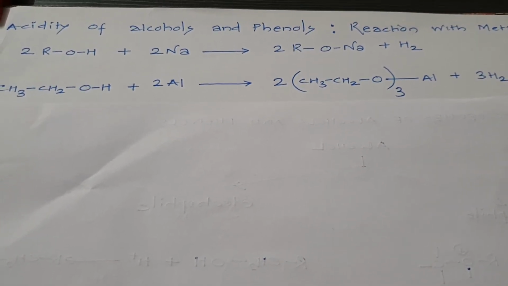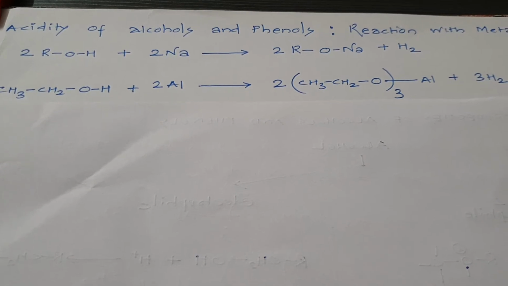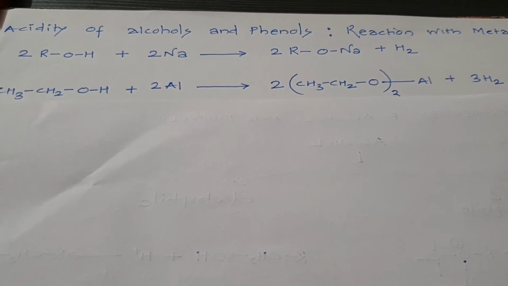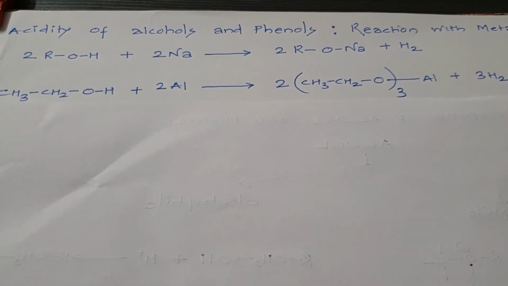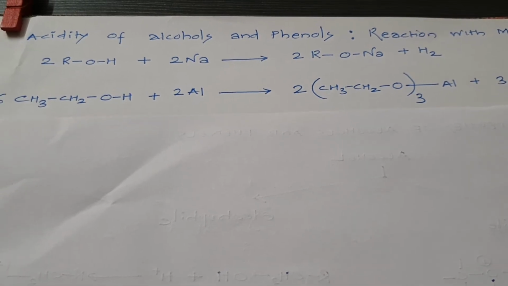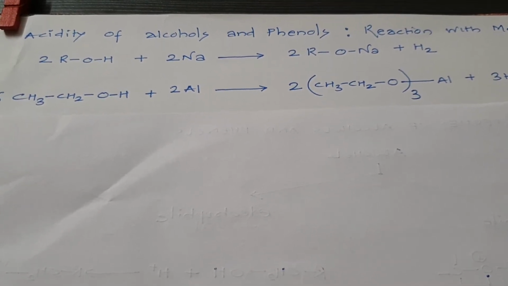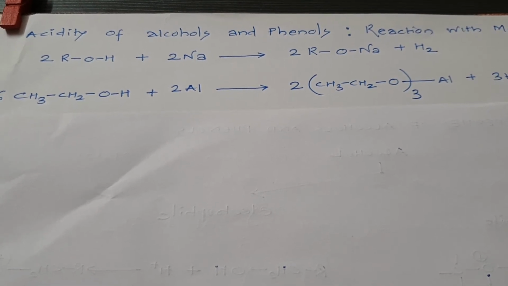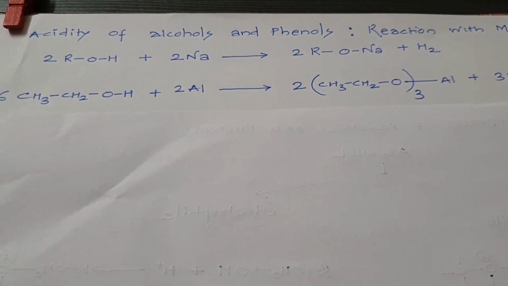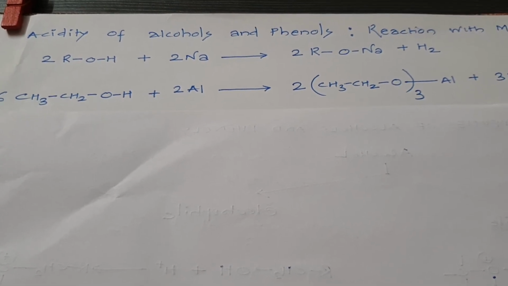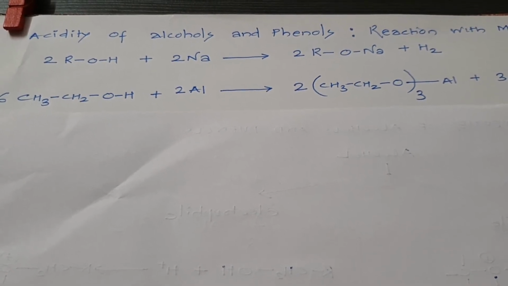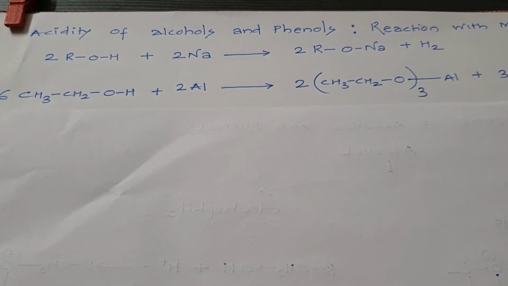We have to understand here that since the valency of aluminium is 3, we will have 3 moles of alcohol taken per 1 mole of aluminium. Since 2 moles of aluminium are involved over here, we will have 6 moles of alcohol being used in the reaction.